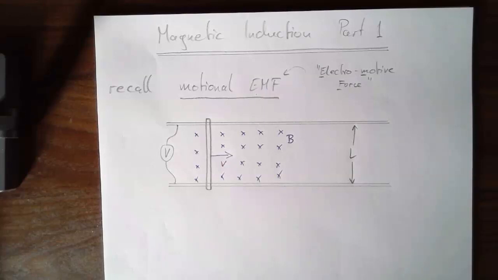And magnetic induction is really the area where we get to understand how magnetic forces and electrostatic forces are linked and have to be considered together, forming one framework of electromagnetism that sort of encompasses all those effects.